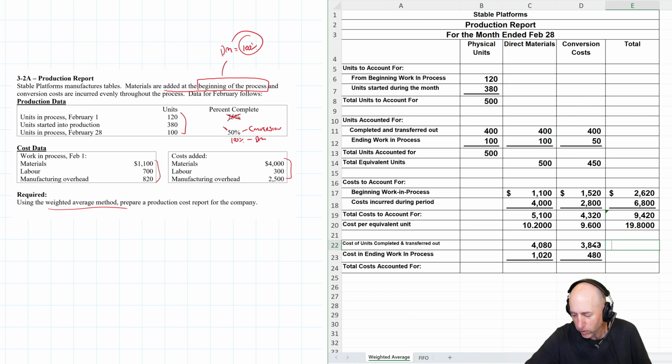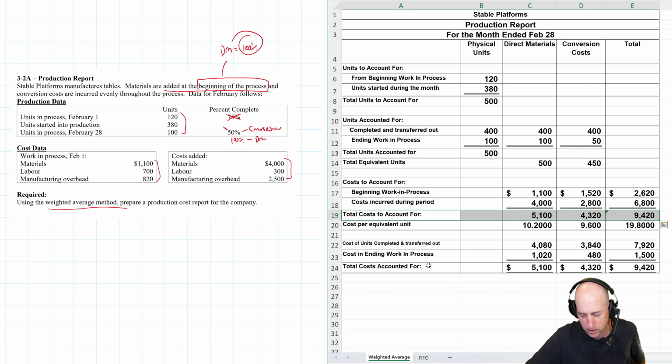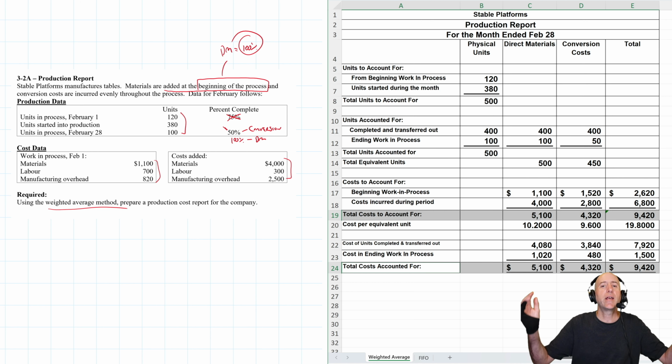Now I add all the way around, and add down. And what we find is, if we've done it right, and we have, this row matches with this row. And they do match because we did a great job.